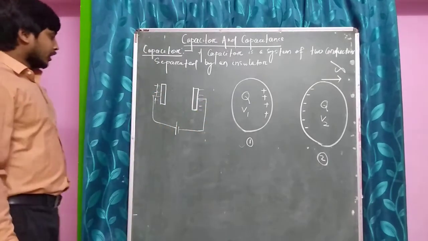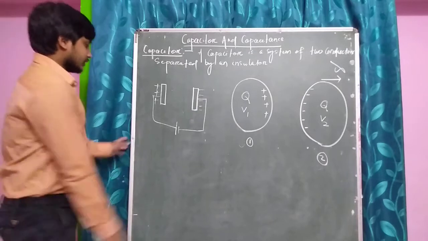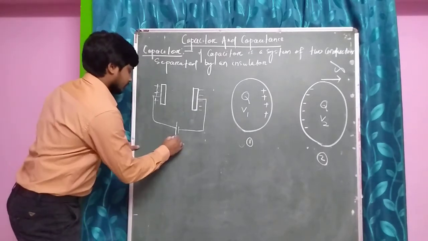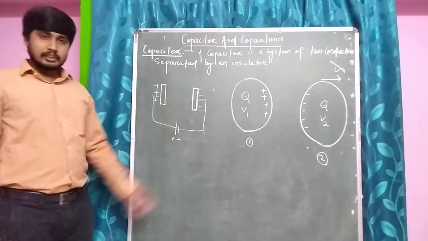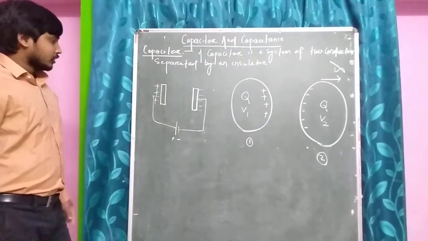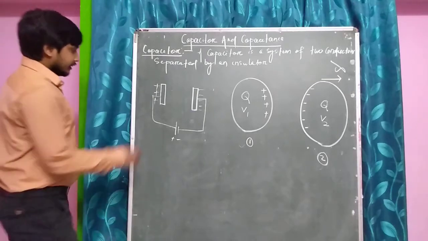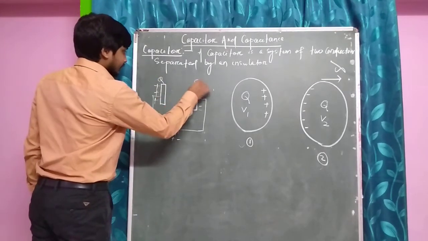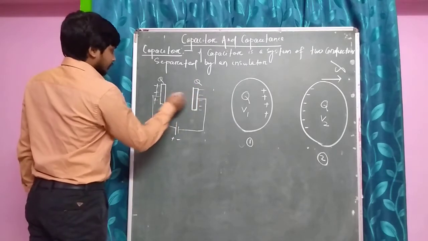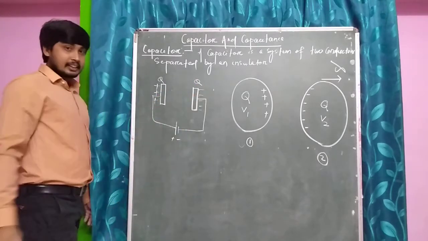Is it clear? So now what will happen? This battery, this cell, will supply charge to the plates of the capacitor. So remember that if charge Q is present here and here, then in between the plates an electric field will be present.